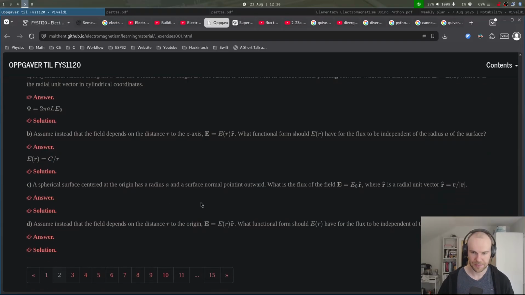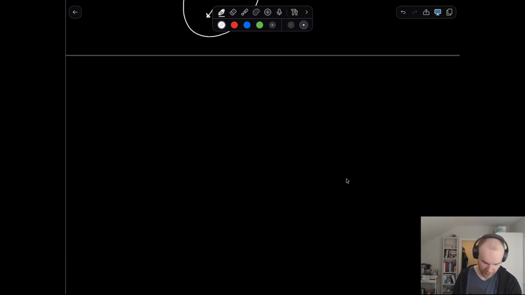A spherical surface centered at the origin has radius a, and the surface normal points outward. What is the flux? Same again, but now it's a spherical surface.